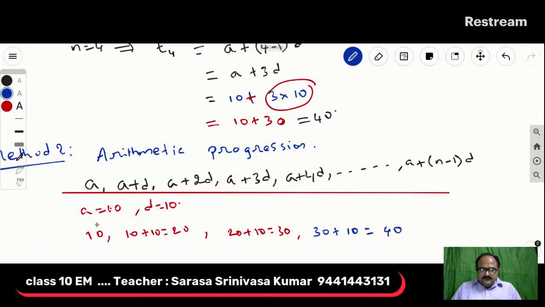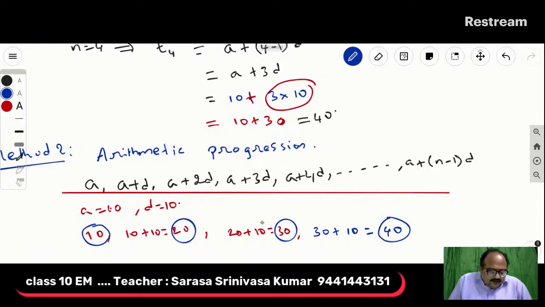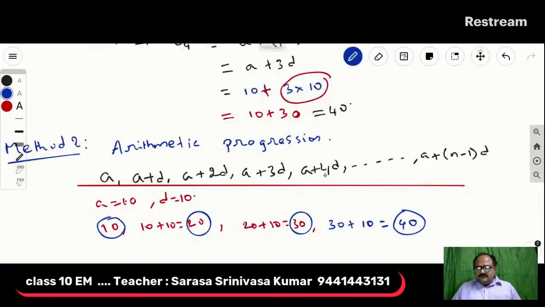So this is the first term, this is the second term, this is the third term, and this is the fourth term. Depending on the marks of the question, if it is given as a very short answer, then we follow this method in bits.